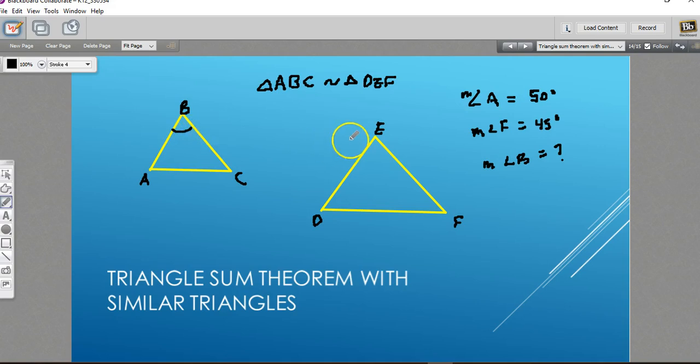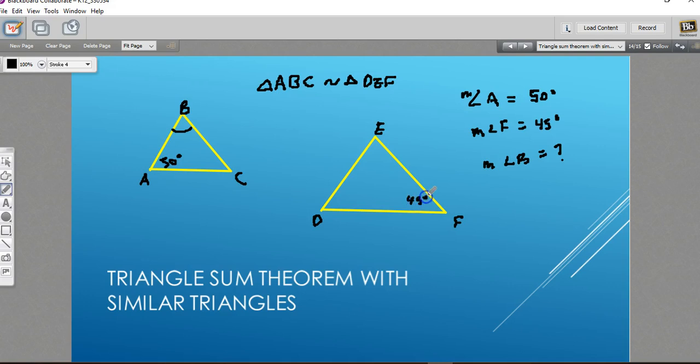So what I would do, if I were you guys, they probably won't draw these triangles out for you. I would draw these triangles out. I guess that's what I'm trying to say. So the measure of angle A is 50 degrees, and it gives us a nice visualization of what's happening here. Measure of angle F is 45 degrees.